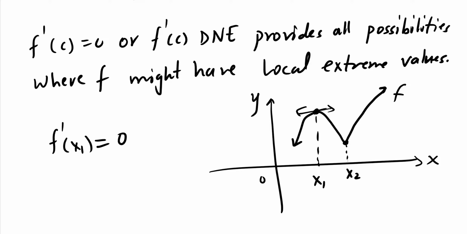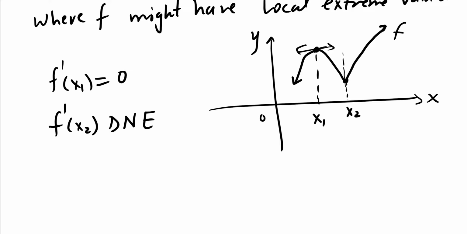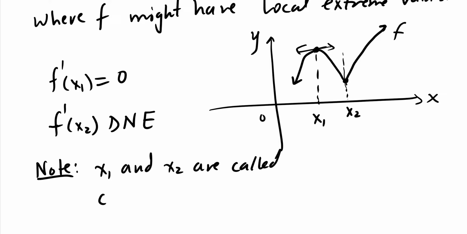What about at x2? There's no horizontal tangent, there's maybe a vertical tangent, or we call it a cusp there. So f prime at x2 does not exist. In calculus language, x1 and x2 are called critical numbers.